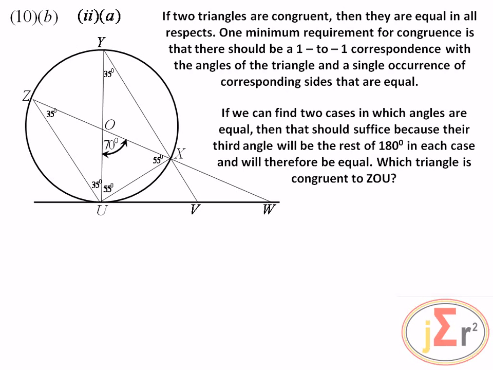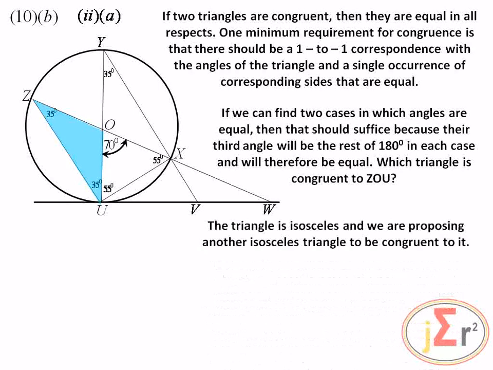So which triangle is congruent to ZOU? ZOU is that isosceles triangle that we have right there. We are proposing another isosceles triangle to be congruent to it, and that is the one right there. Are they congruent? Surely they are congruent.